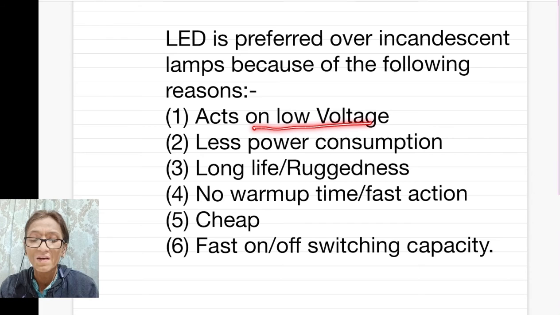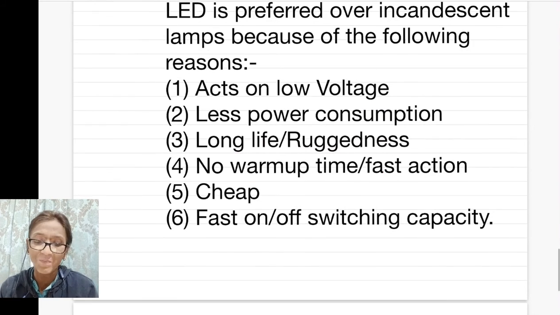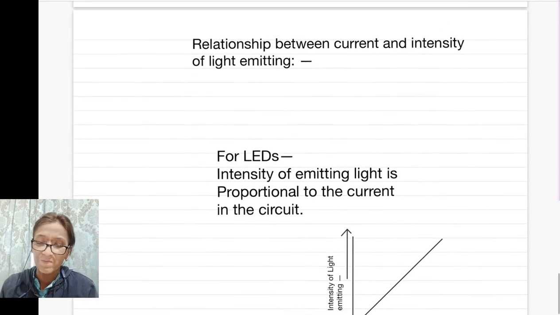Now it acts at low voltages and needs very low power consumption. It is very rigid and has a long life compared to any incandescent lamp like mercury or any other thing. And it is very cheap also. So today we prefer these LEDs over mercury or incandescent lights.